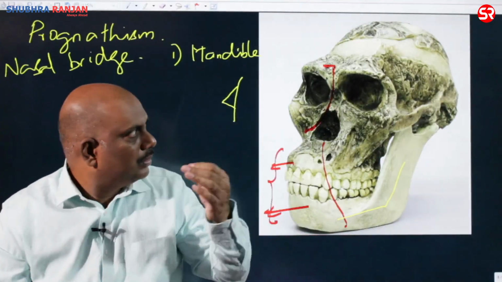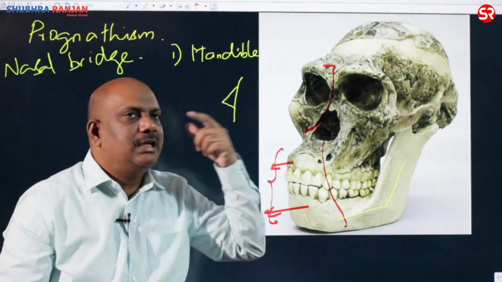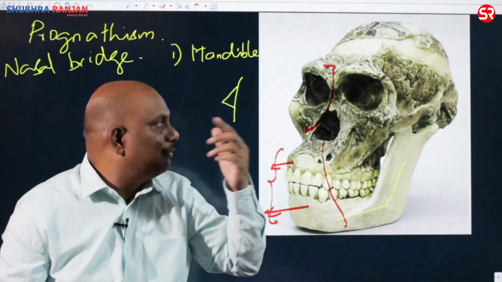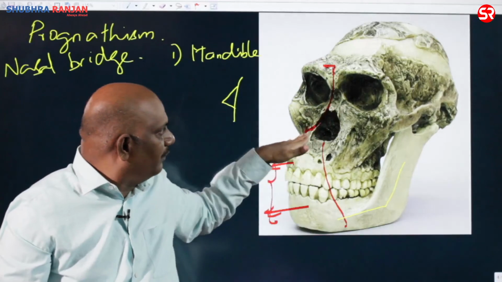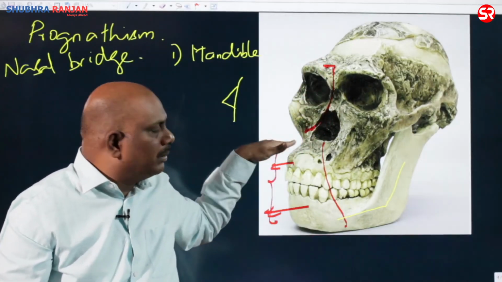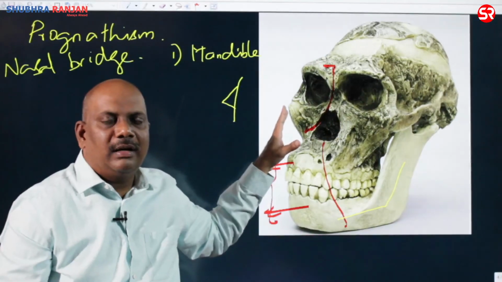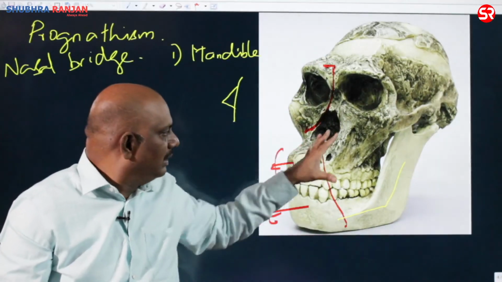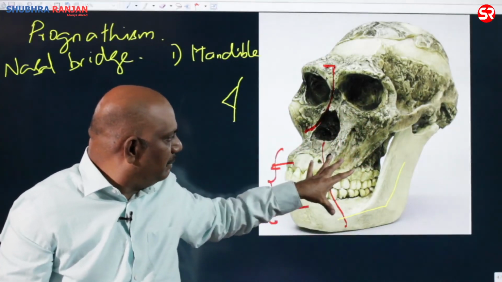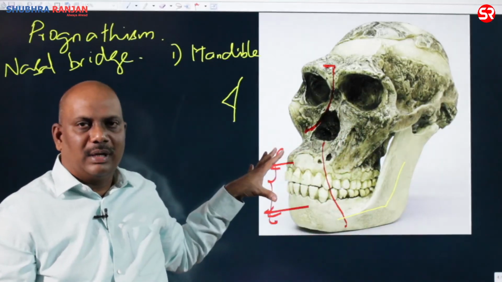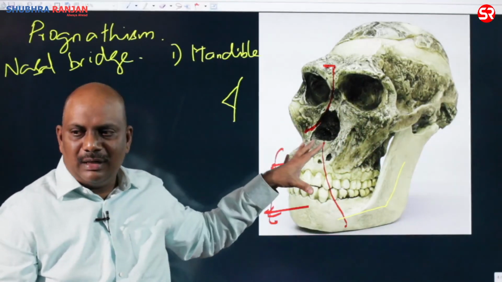Because of the depressed nasal bridge, the face looks more concave. Even this is responsible for giving a look as if the oral cavity is getting projected forward.